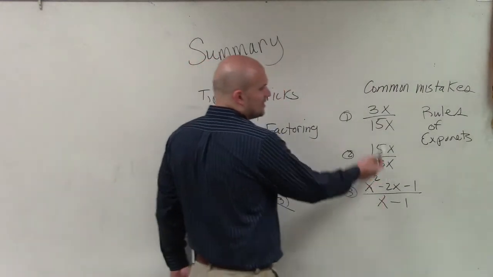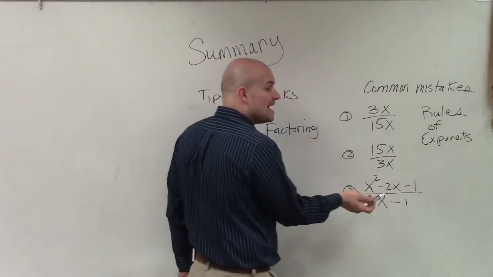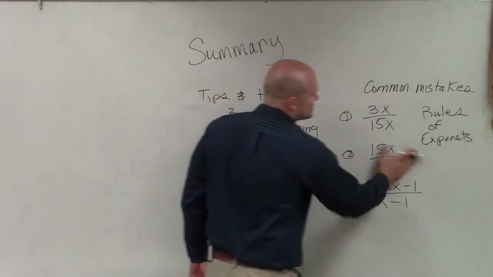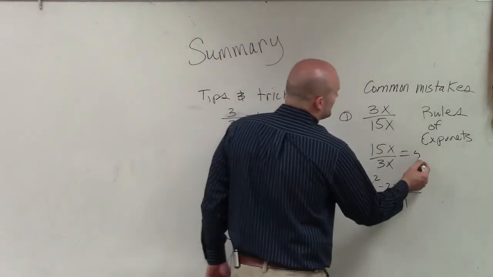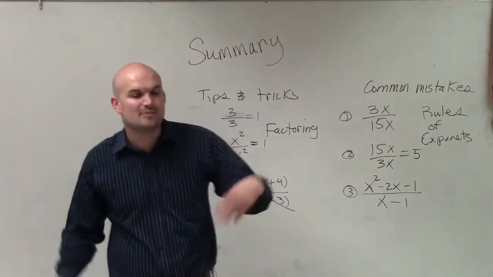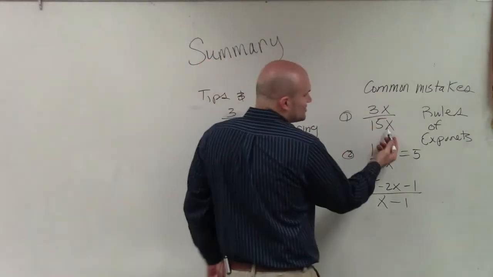If you look at this, 15 divided by 3, we know that's 5. x divided by x, using our division property, is just 1, so the answer is equal to 5. But I see a lot of students say that it will be the same thing if they have 3 over 15. But remember, when you have a fraction like that, we have to simplify. We have to reduce this fraction.